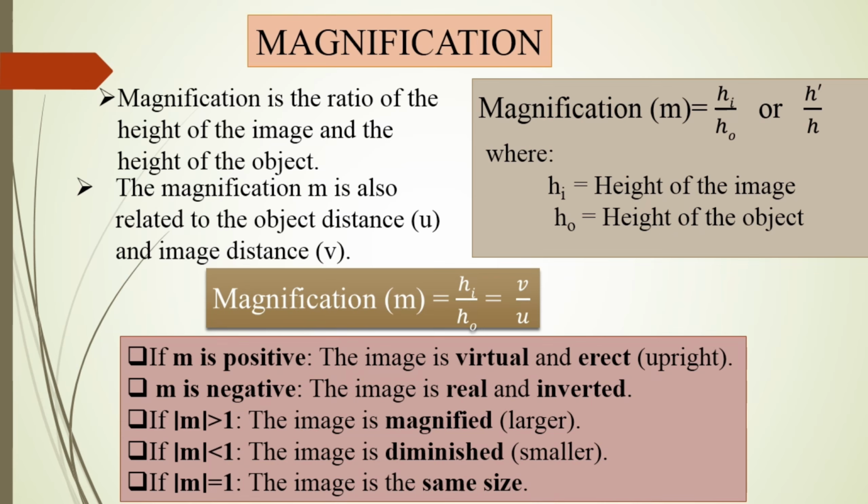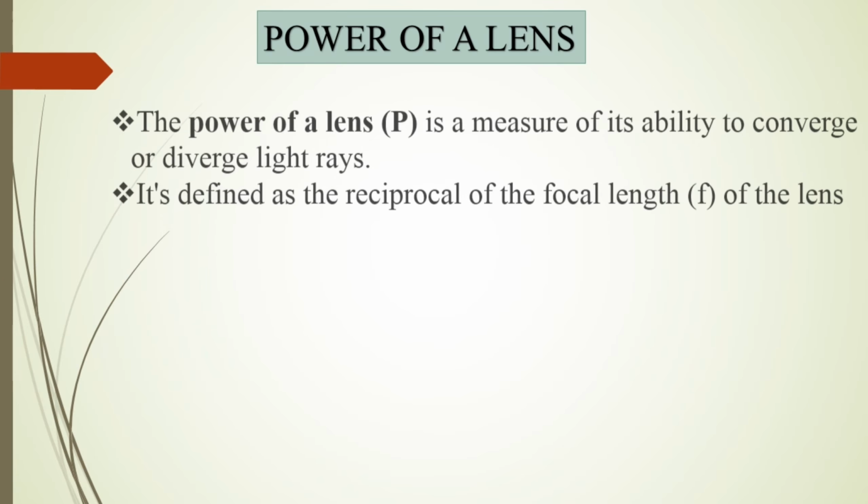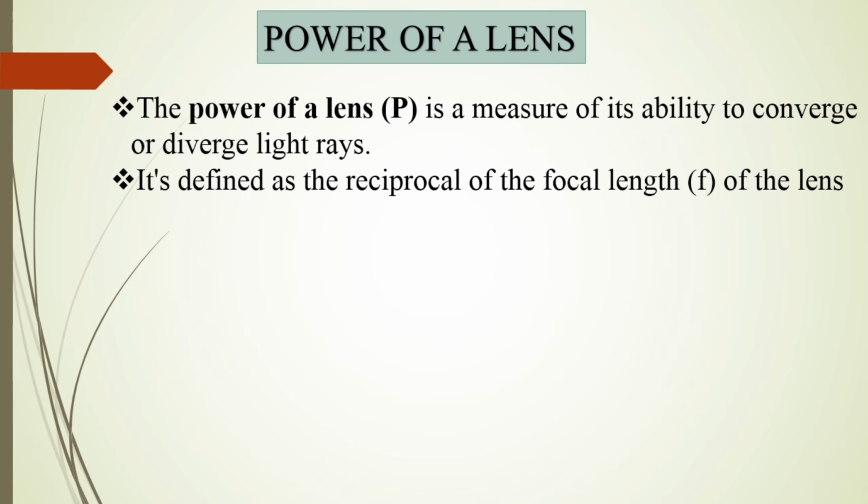Now, let's talk about the power of a lens. The power of a lens is a measure of its ability to converge or diverge light. The shorter the focal length, the more the lens bends light and the greater its power. We calculate power using the simple formula P equals 1/f.